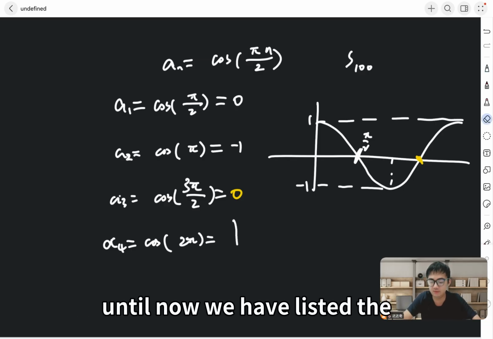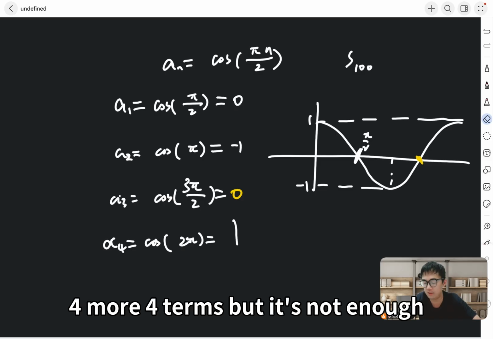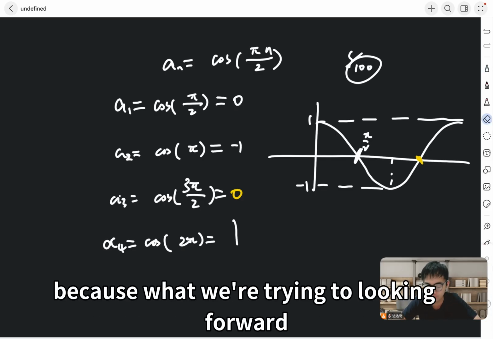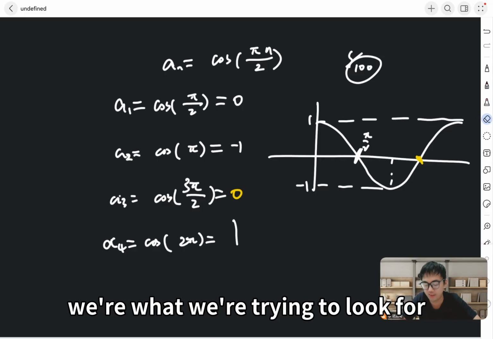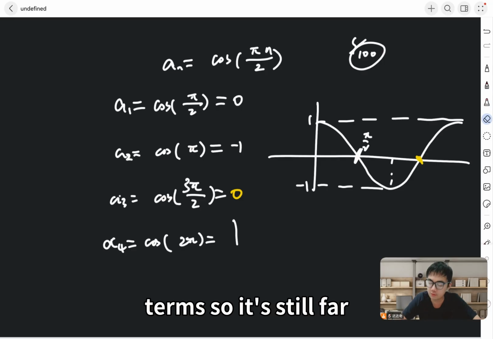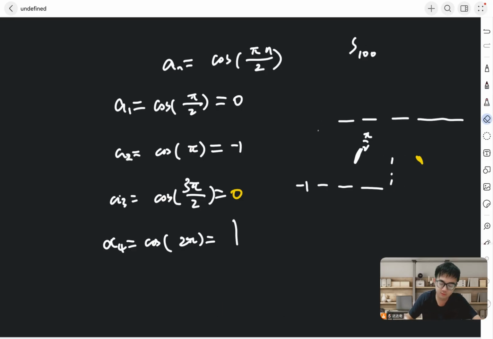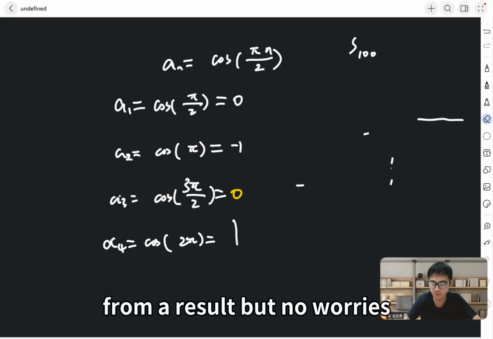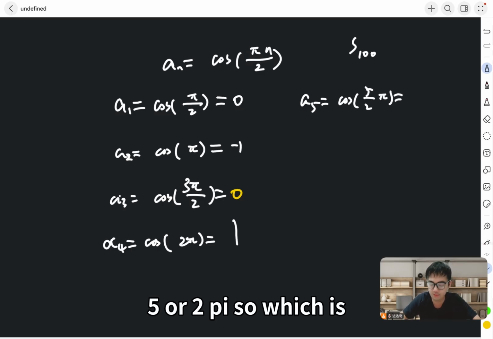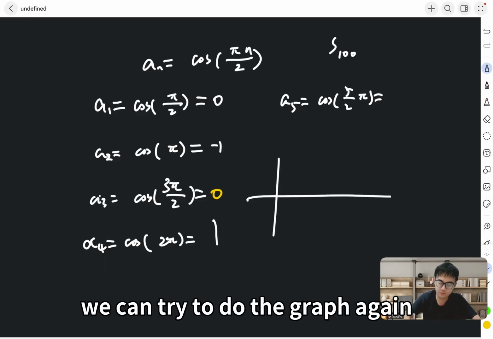Until now, I have listed the first 4 terms, but it's not enough, because what we're looking for is the sum of the first 100 terms. So it's still far from our result, but no worries, let's list a bit more. a5 is cosine of 5 over 2 pi, and we can try the graph again.